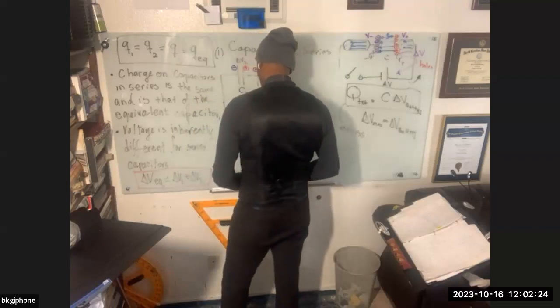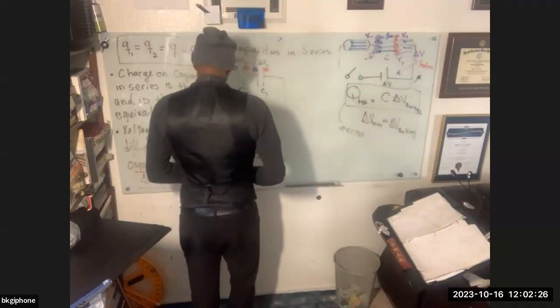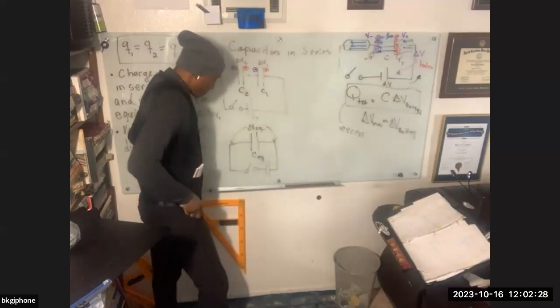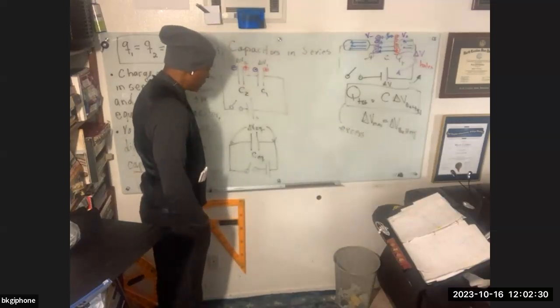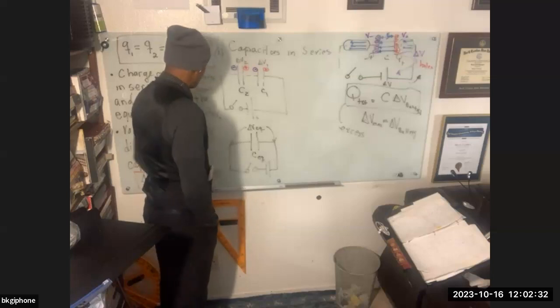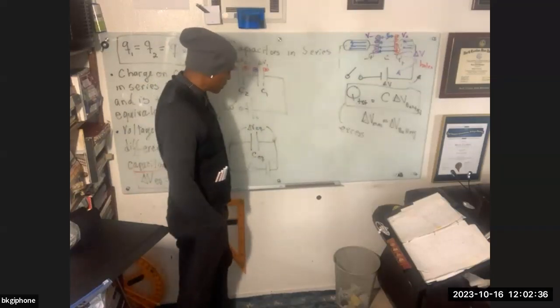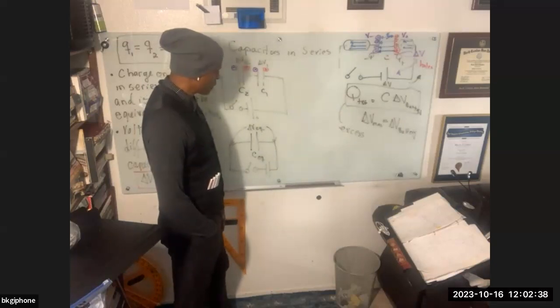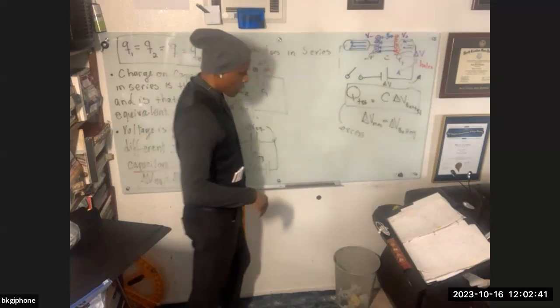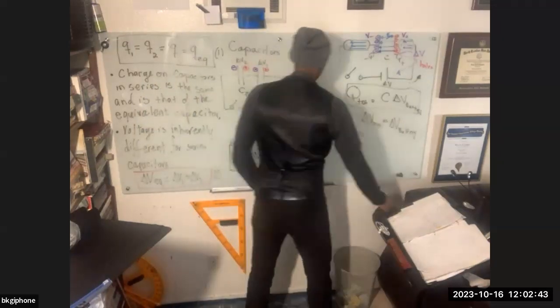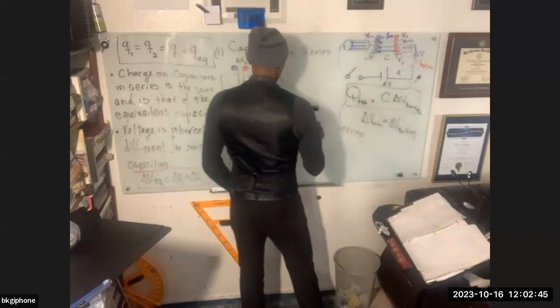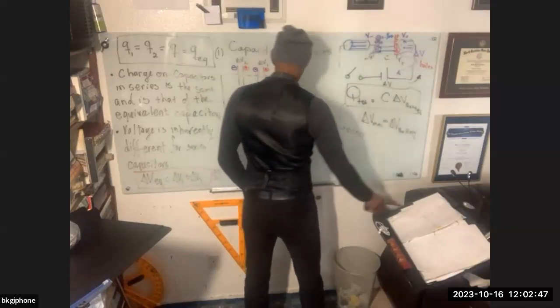Okay. And so finally, we can then use these two relationships along with this definition to come up with an equation for equivalent capacitance. So why don't I do that right here?